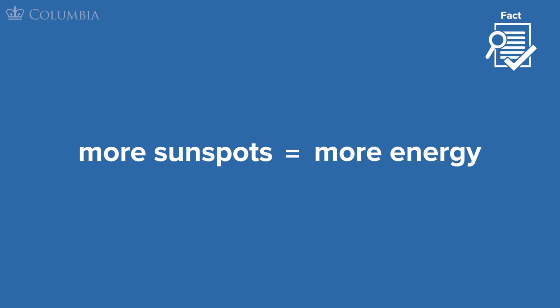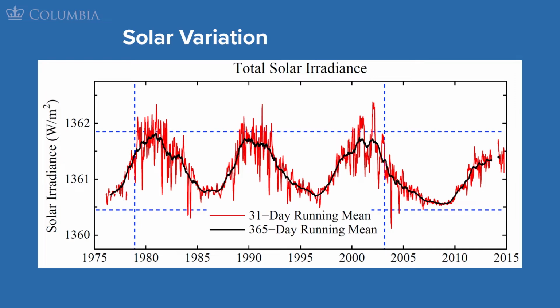How does this change compare to the sun's total output? In this diagram, we see measurements from satellites above the Earth's atmosphere, and one must get above the atmosphere to do such measurements, of the mean solar output. And we can see that it starts at some level and then gradually over a few years falls to a lower level with fewer fluctuations and then rises again with more fluctuations and then falls with fewer fluctuations.